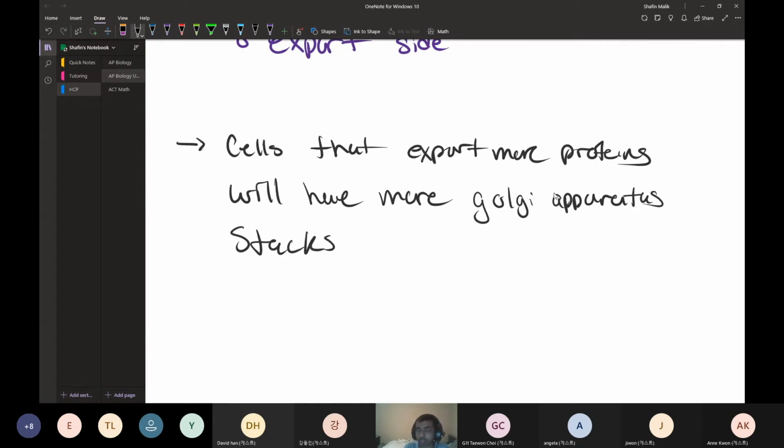So what this means is that they will either have more Golgi apparatus in number, or it will be much bigger. Okay?